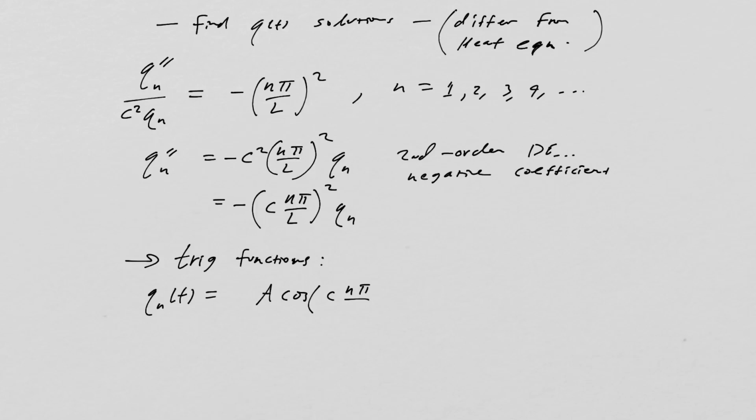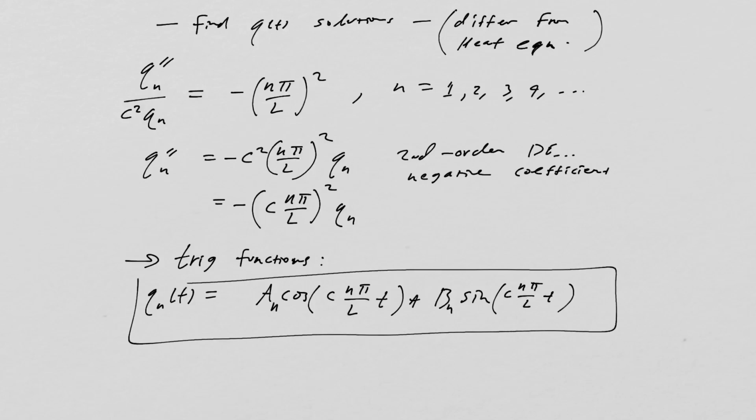I'm going to call this an, times cosine of c n pi over L times t, plus bn times sine of c n pi over L times t. Those are the solutions to the time problem, and of course we have solutions for 1, 2, 3, 4, up forever for all those different n values.